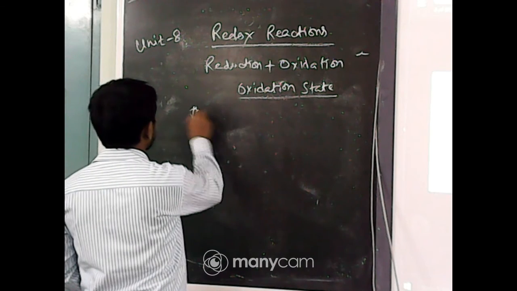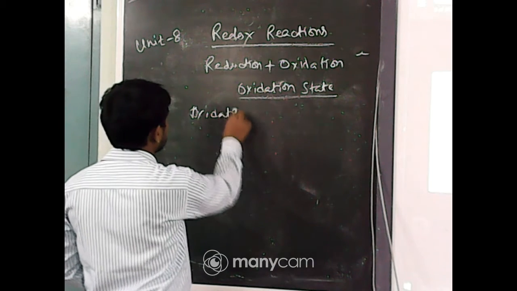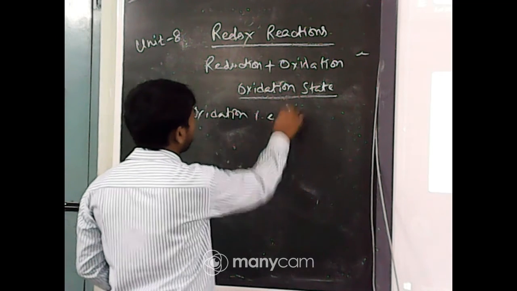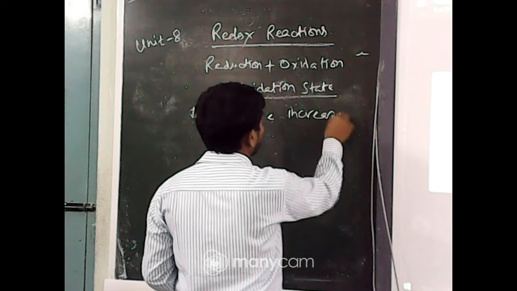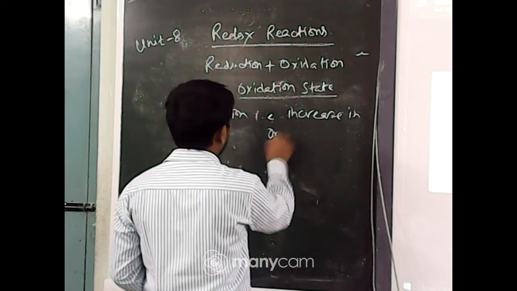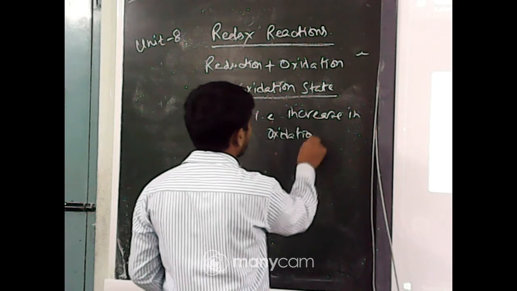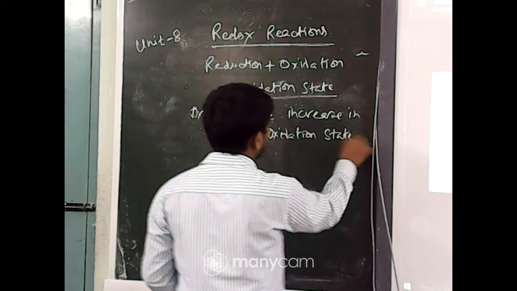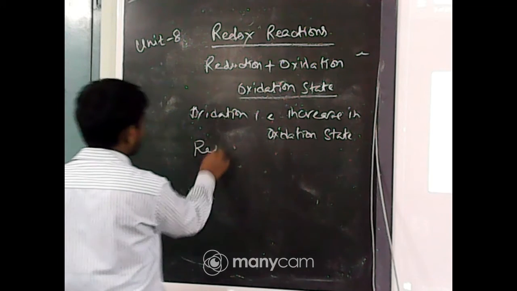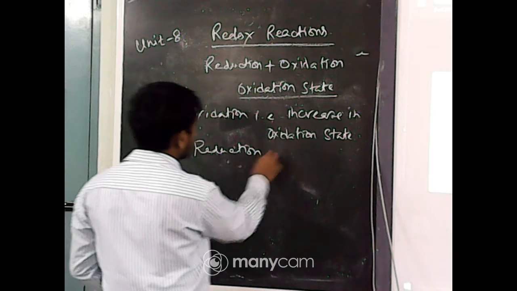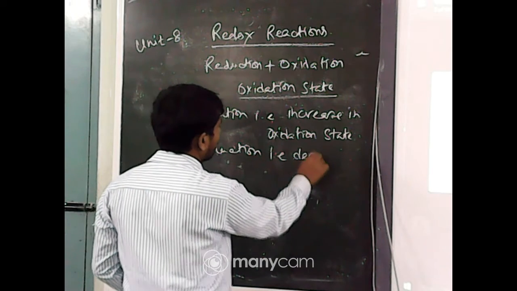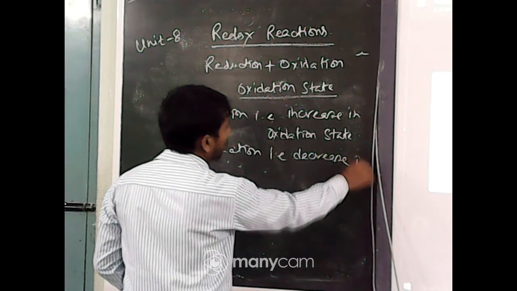So oxidation is an increase in oxidation state, okay, and reduction is a decrease in oxidation state.